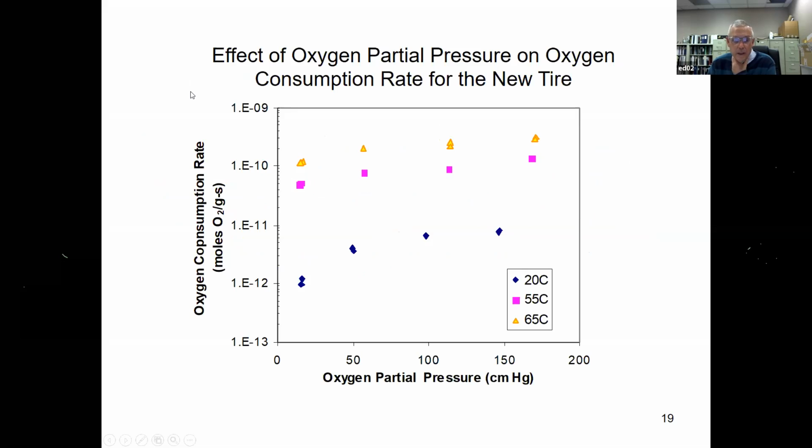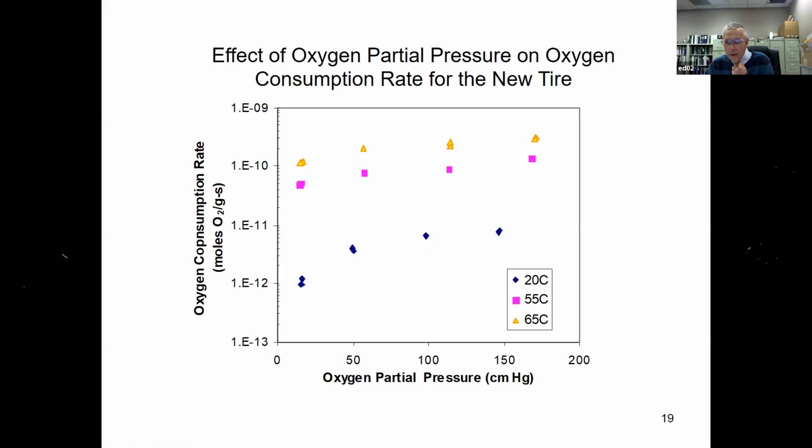So first is to incorporate the effect of oxygen partial pressure on oxygen consumption rate. We measured oxygen consumption rate as a function of oxygen partial pressure at three temperatures.